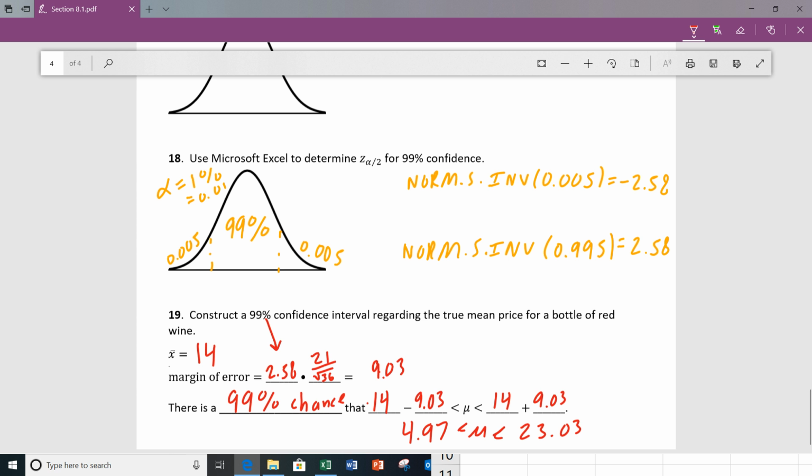So what I recommend, if you want to quickly go over this, you should. Ultimately, I want to make sure that I see that the 97.